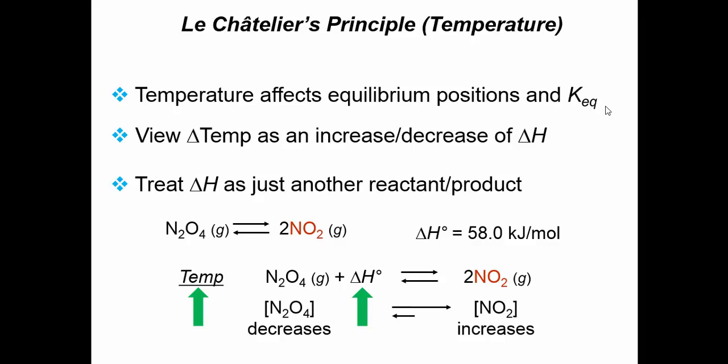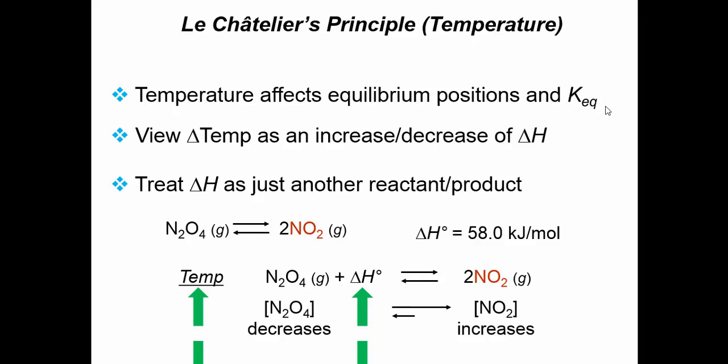When you drive the reaction to the right, the N2O4 amount will go down and the NO2 amount will go up. Now, if the temperature is dropping, you're lowering the amount of delta H naught.